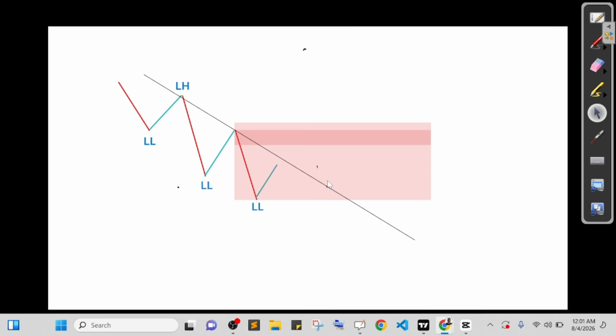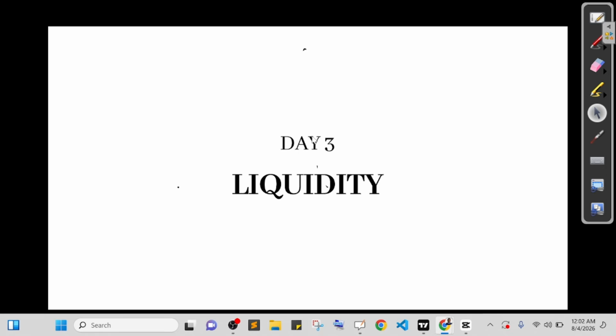Then after identifying that, I will also identify my supply, right? But this supply is an unmitigated supply zone. So I'm expecting the price to come and mitigate that unmitigated supply zone before I place my entry.